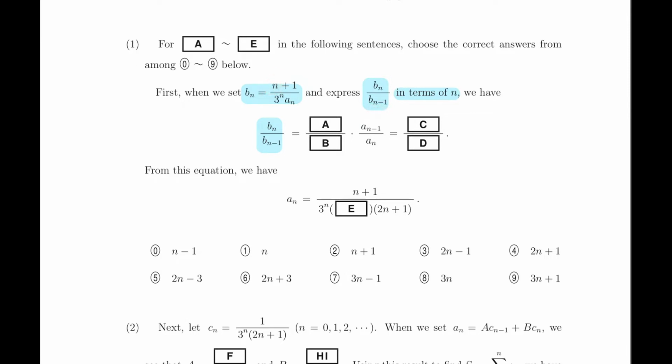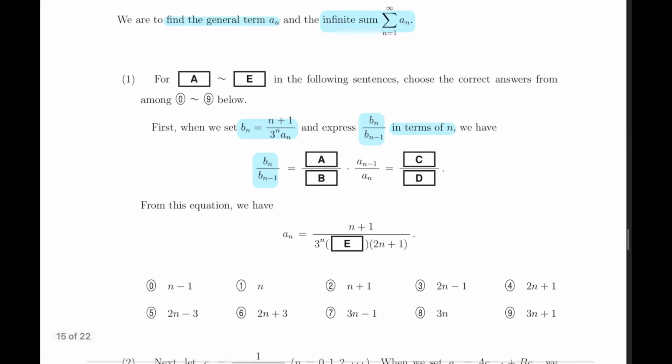So b(n minus 1) equals (n minus 1 plus 1) over 3 to the power of (n minus 1) times a(n minus 1). If we simplify this expression, minus 1 and plus 1 cancel out, and I get n over 3 to the power of (n minus 1) times a(n minus 1).